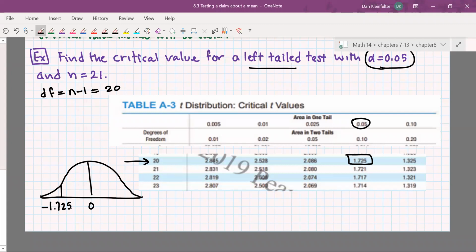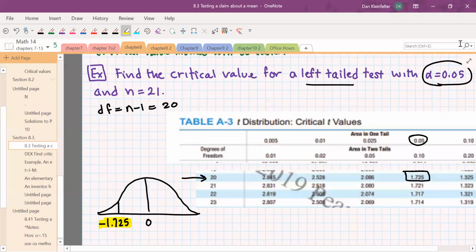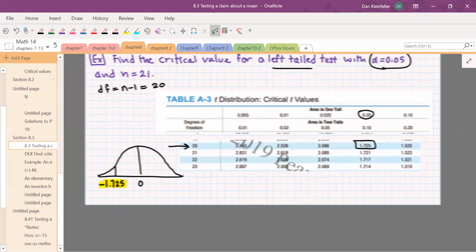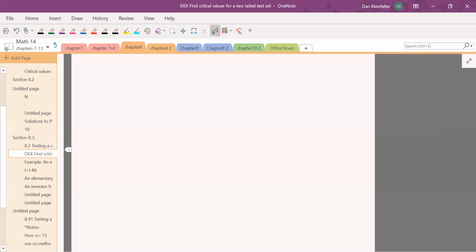The positive 1.725 is what we would use for a right-tailed test. Remember again that the t-table is going to give you just positive values, not the negative values. You have to keep in mind whether you're doing a left or right tail test to help you locate the correct value.